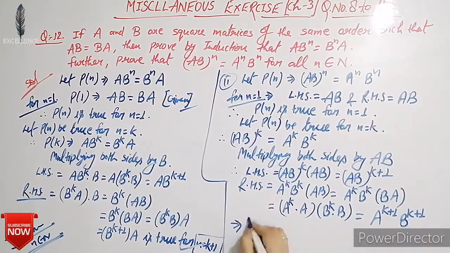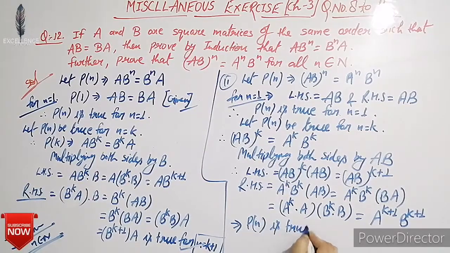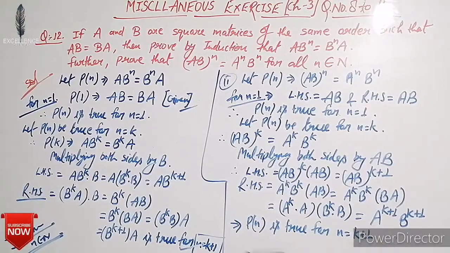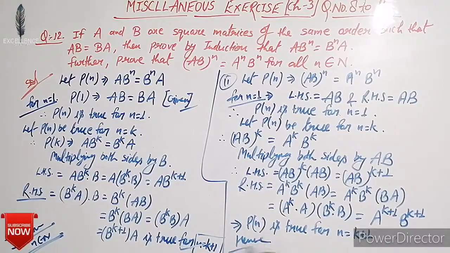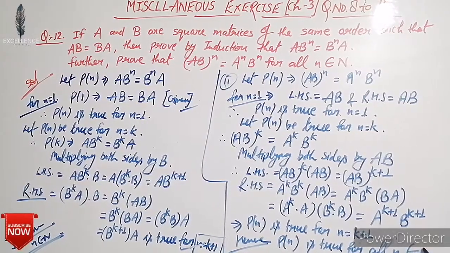This shows that P of n is true for n equals k plus 1. Hence clearly, by the principle of mathematical induction, P of n is true for all n belonging to natural numbers. Okay?